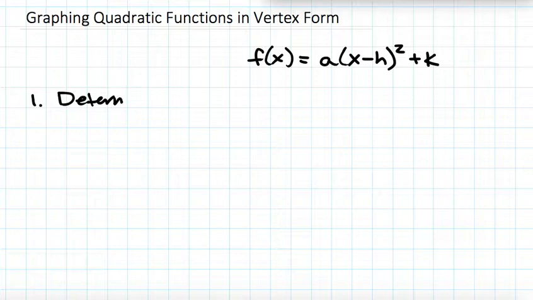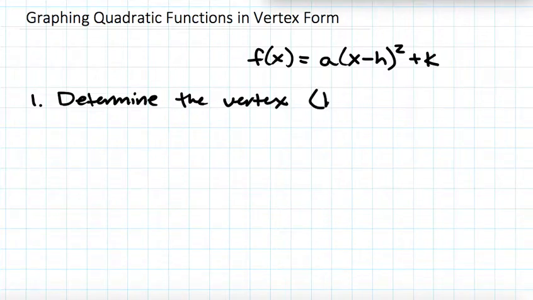So that's going to be our first step in graphing. The vertex is h comma k. So whatever number is subtracted from x inside the parentheses is the x coordinate of the vertex. Whatever number is added by itself is the y coordinate of the vertex.